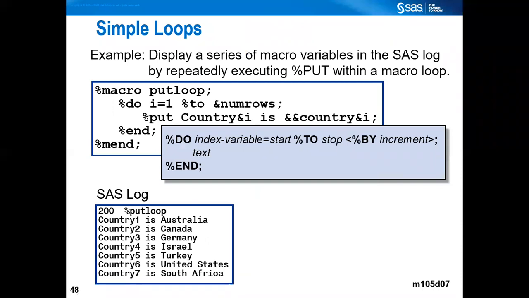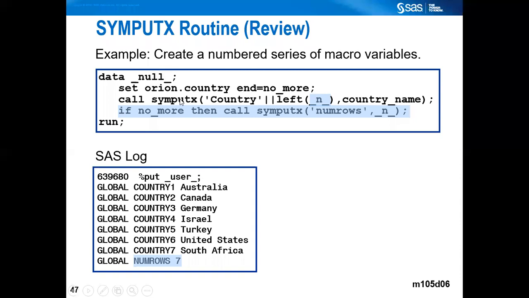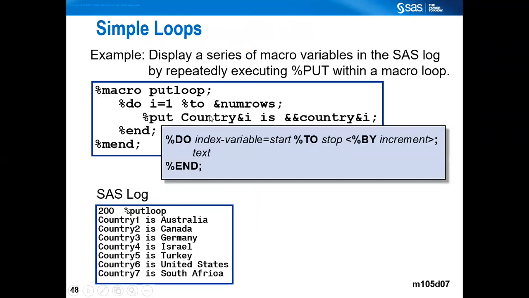So simple loops. So this example displays the same thing what you are doing with the data step. It's telling you, why always write a data step and then execute it? Why don't we use the same concept while using your macro with do loops? And that is what this program is.